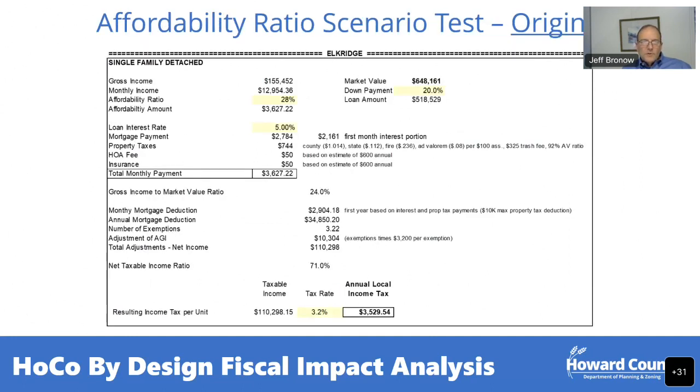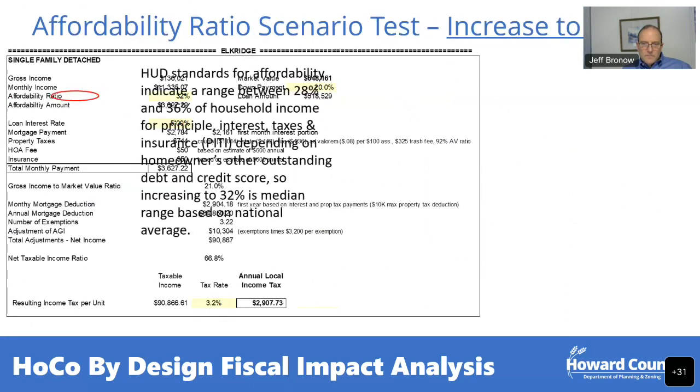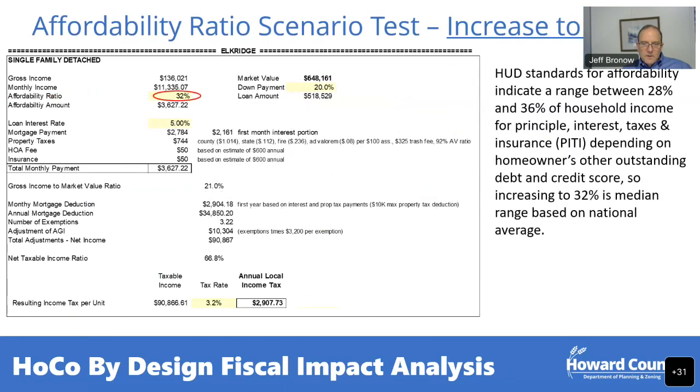The third scenario test was we changed the affordability ratio. So it had been 28%. And so if that increases, then the local income tax drops to $2,900.